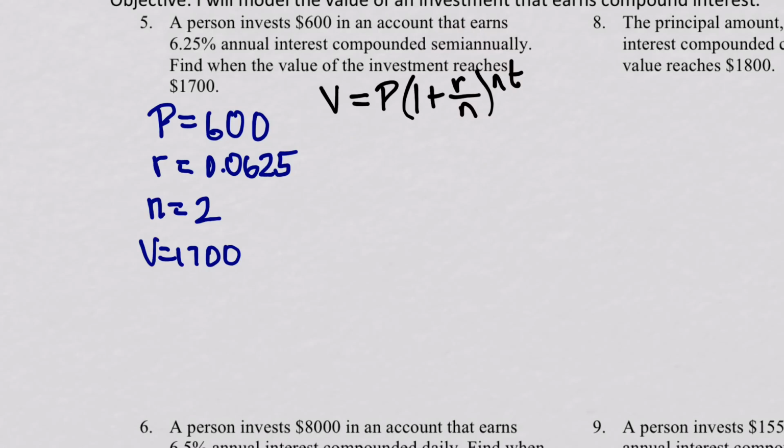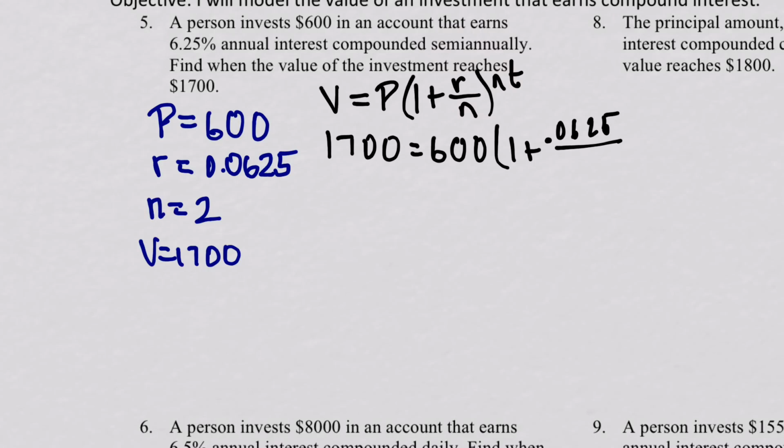Okay, so now we plug in our values and we solve. V is 1,700. P is 600. R is 0.0625. N is 2. And up here I have 2T.